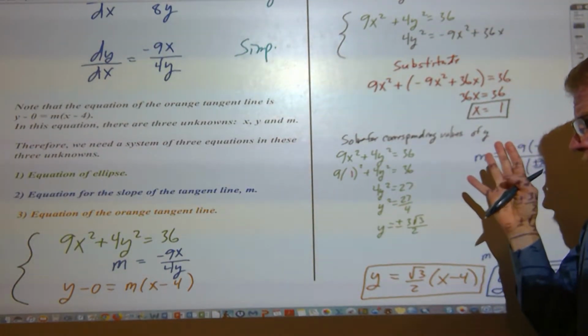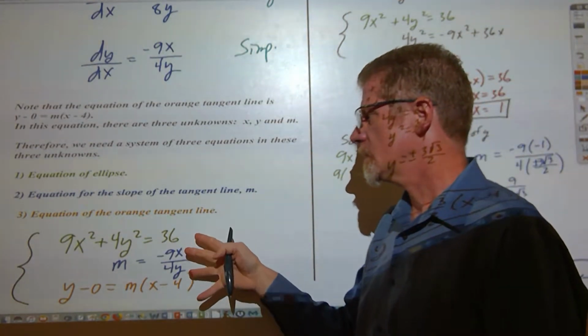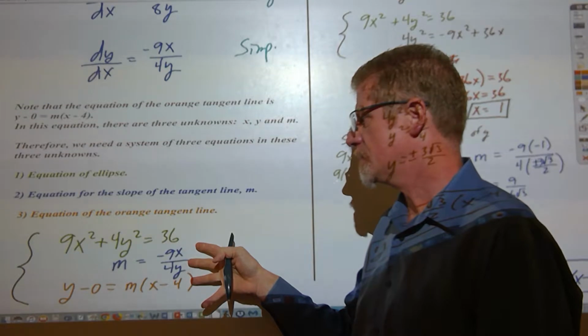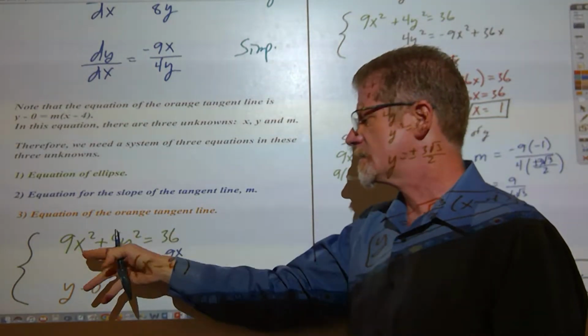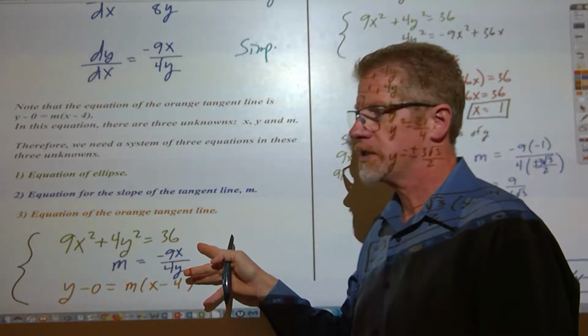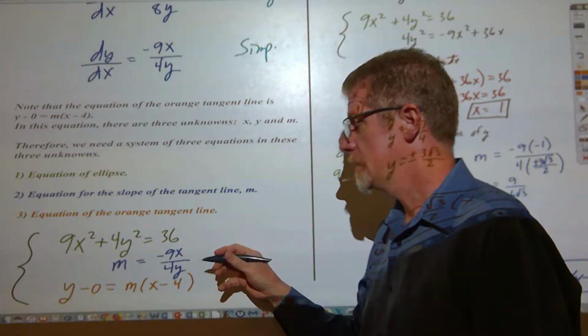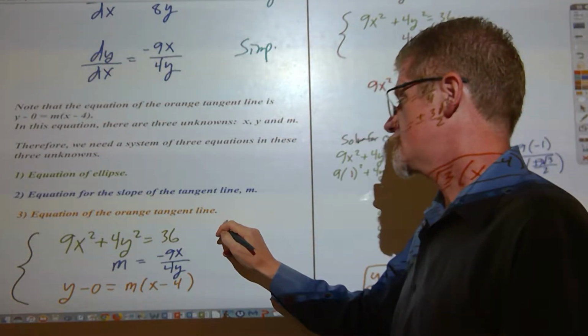Now, friends, I think that one thing that might clarify any confusion you might be experiencing is that x and y represent the coordinates of point A. And I'm actually going to write this here.